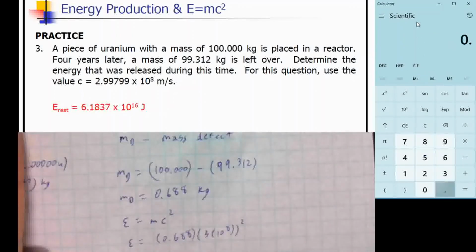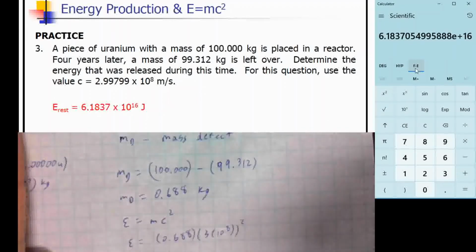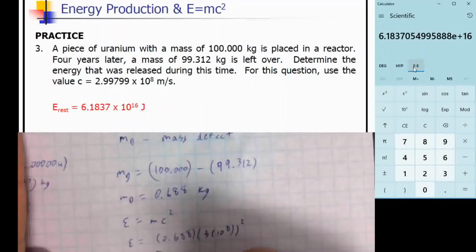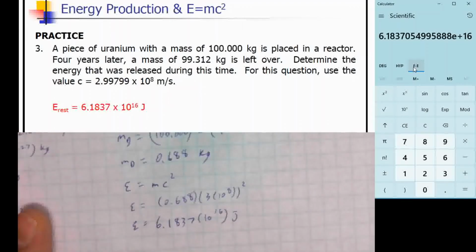So 0.688 times 2.99799 squared times 10 to the power of 16. I'm left with, using 5 significant digits, 6.1837 times 10 to the power of 16 joules as my solution.